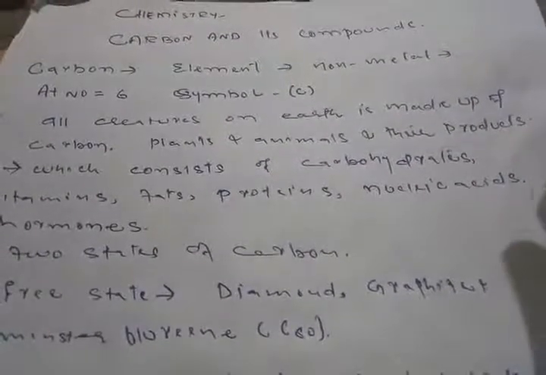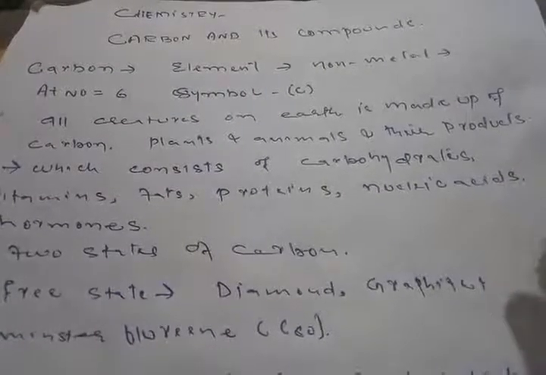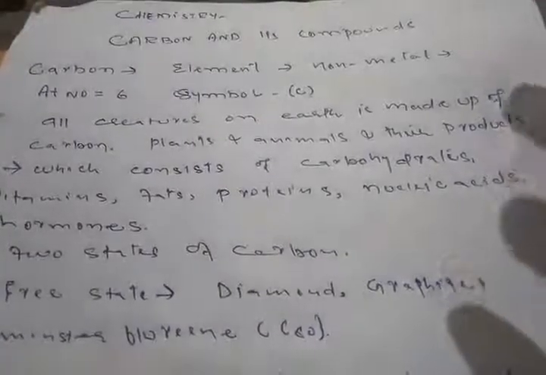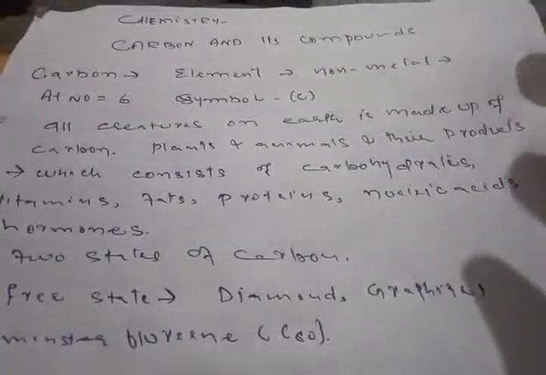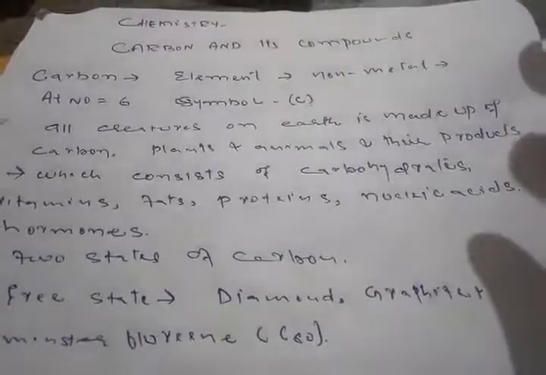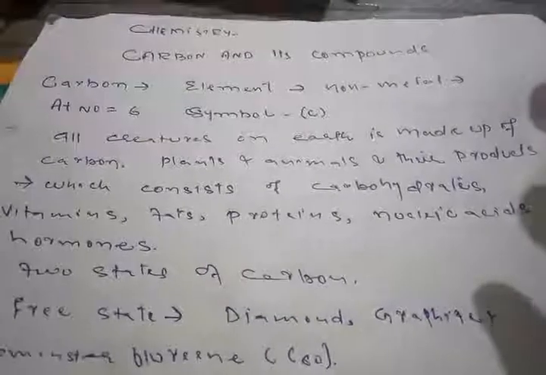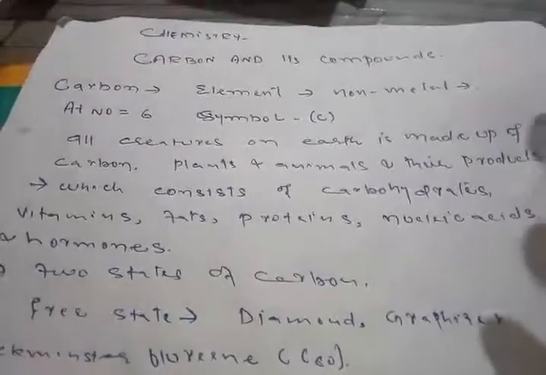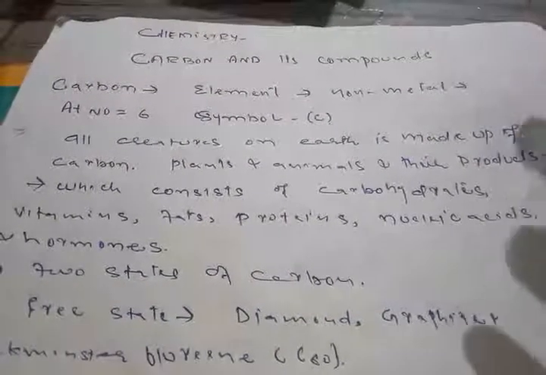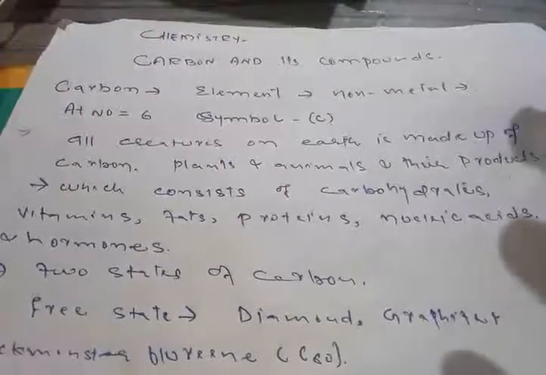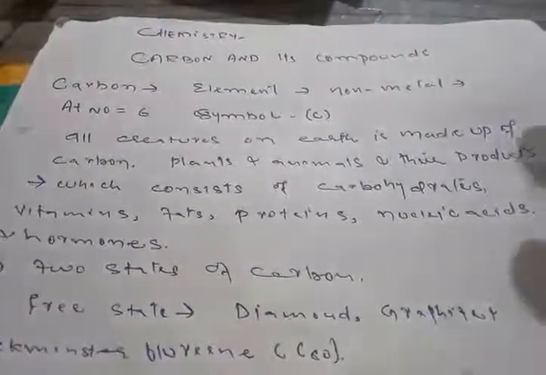In plants there are different types, that is herbs, shrubs and trees, plants, microorganisms, bacteria, fungi, up to the bigger organisms and the human beings. All are made up of carbon, which exists in the form of carbohydrates, vitamins, fats, proteins, nucleic acids and hormones.